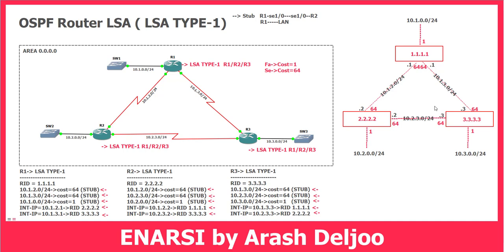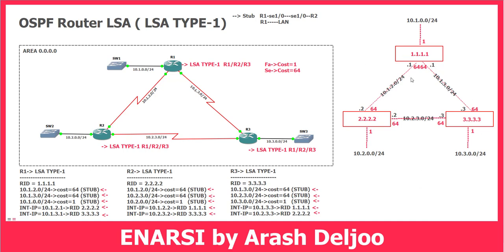In this topology, we don't have any effect related to, for example, the name of the interface, serial, fast Ethernet. It is not important. We don't need to know about the type of interface or other things. We need only the topology.